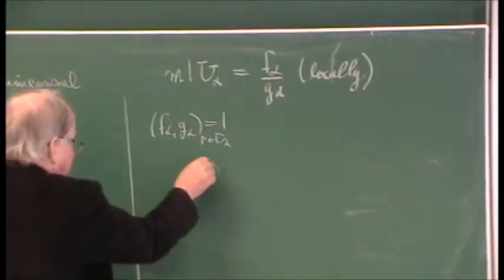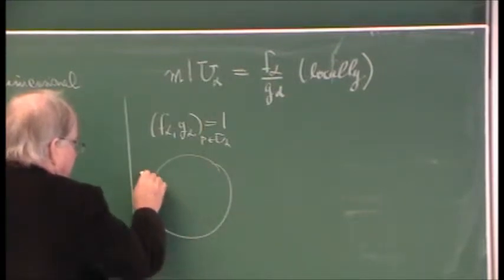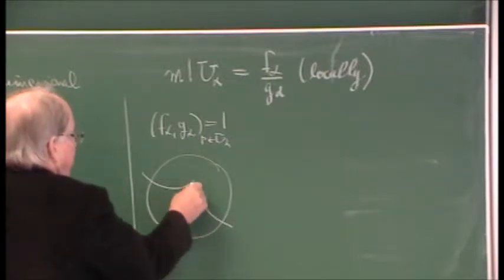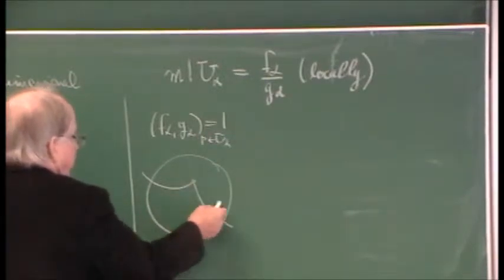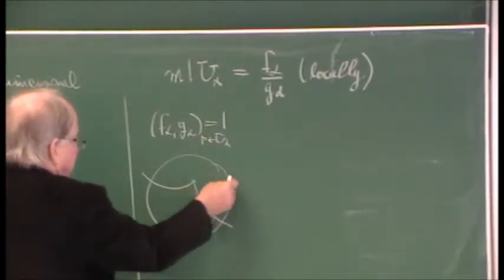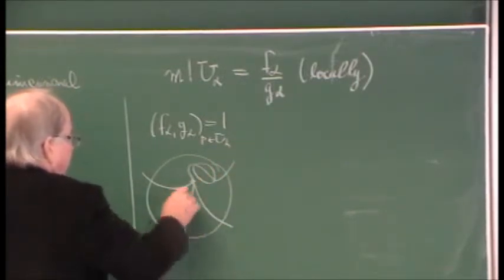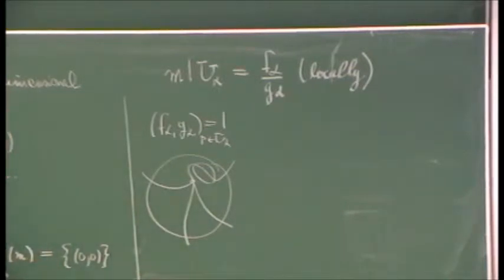You can always organize that, and what that means is that, for example, in dimension 2, f will have a certain zero set, maybe not irreducible, I draw it like it's irreducible, and g also, but they don't have any common components. They intersect but no common components.